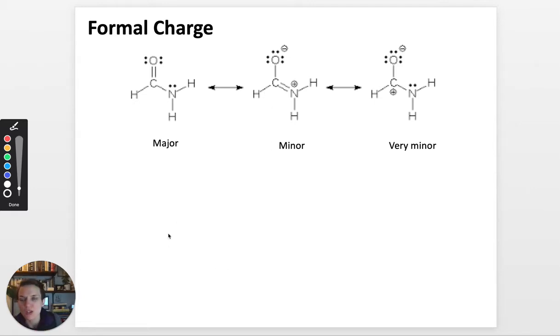So here's a Lewis structure that is drawn for you, and this would be pretty indicative of the kinds of questions that I would ask for formal charge. So formal charge is going to be equal to the number of valence electrons that that species typically has minus the number of electrons assigned to it.